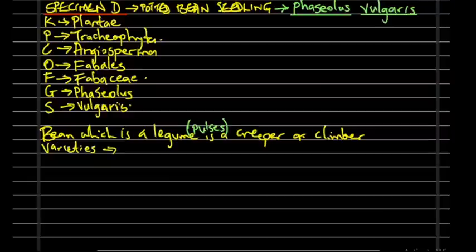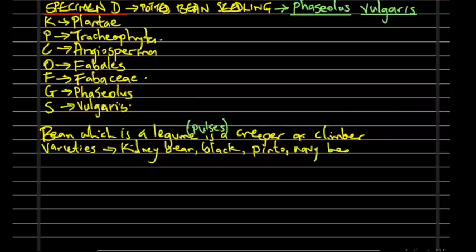We have the kidney bean, the black bean, the pinto bean, and the navy bean. All of these are examples of the beans that we have.